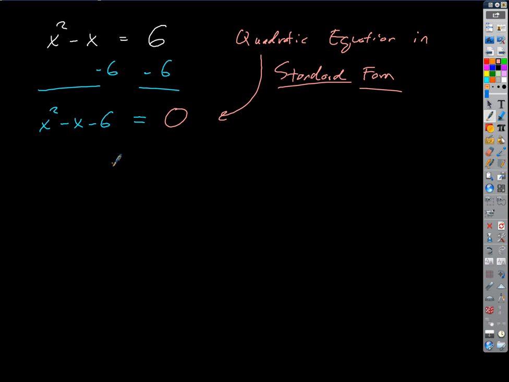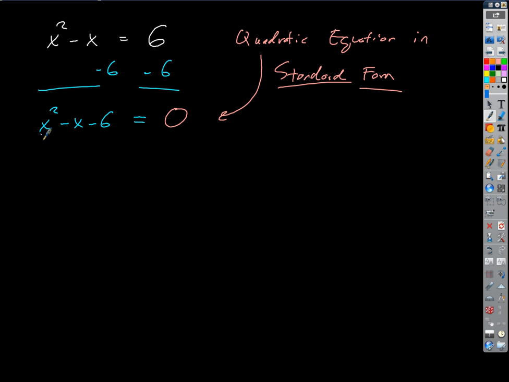Okay? So right now this is tough though. Right now, we can't look at this and say, what's the magical value of x that's going to make x squared minus x minus 6 equals 0? It's too hard. But if we can factor this, if we can break this up into a product of factors, it gets easy, right? So that's our goal. We want to make this thing look like this.